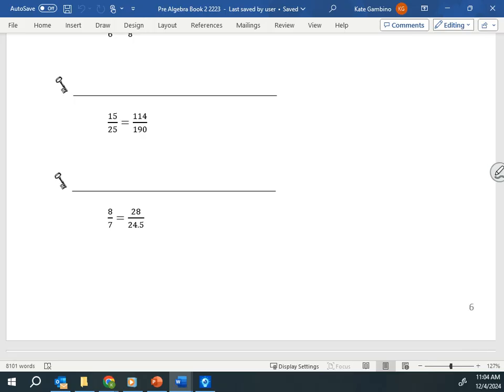I have a note from last year that I switched them, but we can just keep it like this. So, cross products means that we multiply on the diagonals and they're going to equal the same.